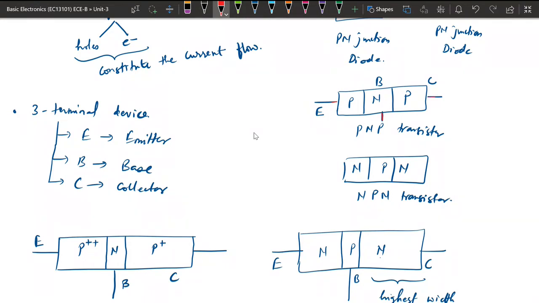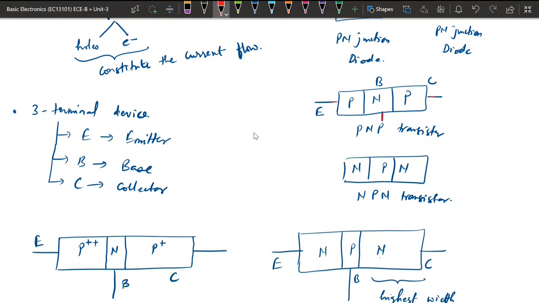The one in between these two P type regions, sandwiched, is the N type region, and that N type region will be considered as the base region or base terminal. So three different layers are there, and it is a three terminal device. The three terminals are emitter, base and collector.